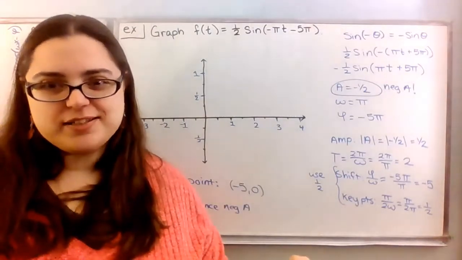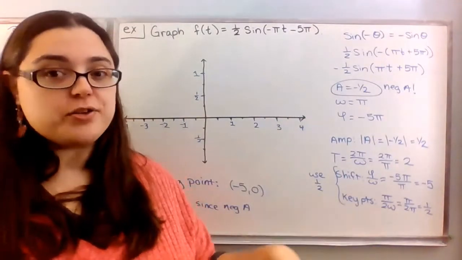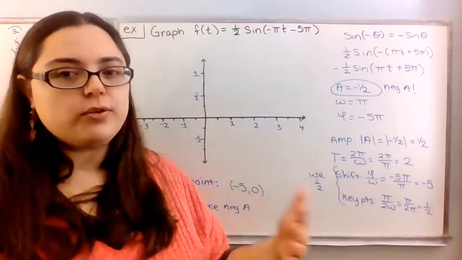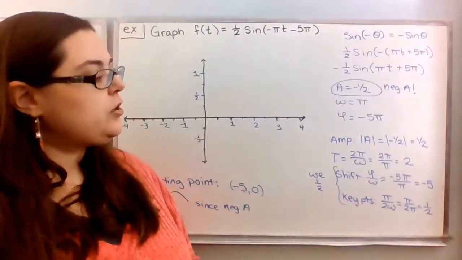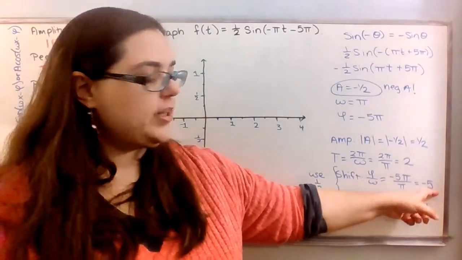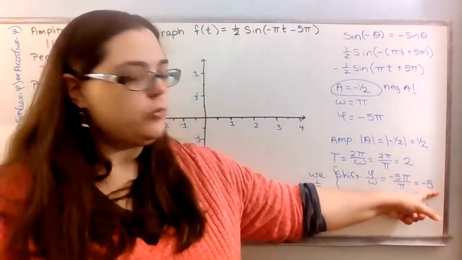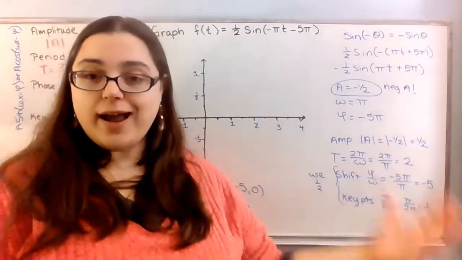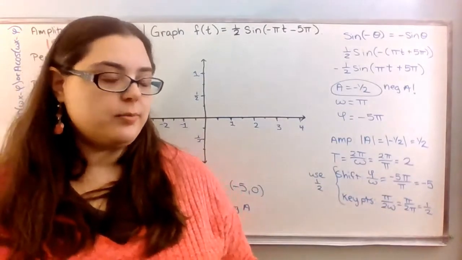The good news is, remember that sinusoidal functions are periodic, so they're going to repeat themselves. So if this starting point is literally off the charts, we can find a new one by either adding or subtracting the period.